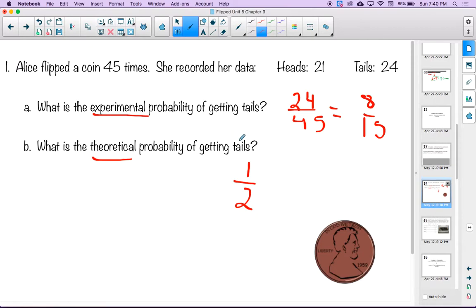So the theoretical probability of flipping a coin and getting tails is 1/2. So that's the big difference between experimental and theoretical. Experimental has to have data that has been collected from an experiment. Theoretical is when we just take the time to look at the item, the coin, the die, the conditions of the problem, and we make predictions based on what we think should be happening.